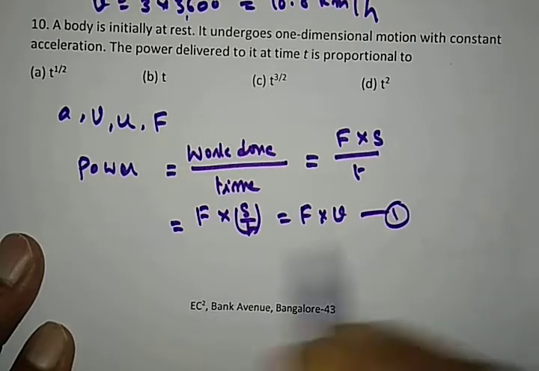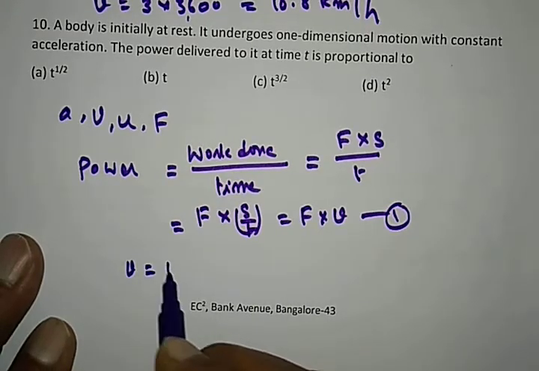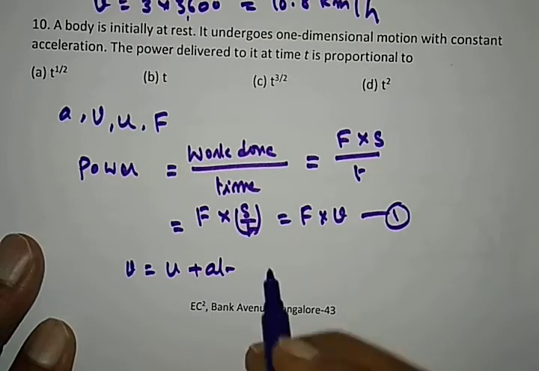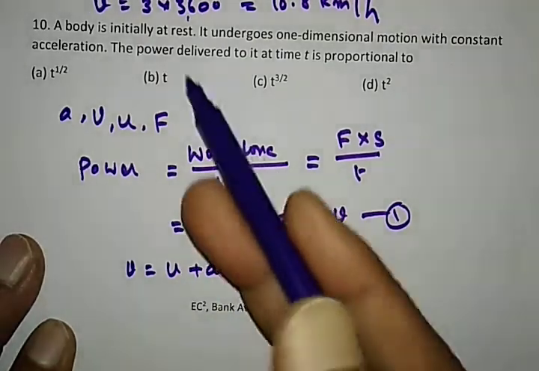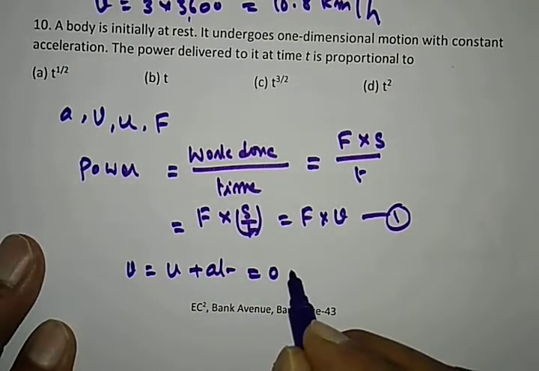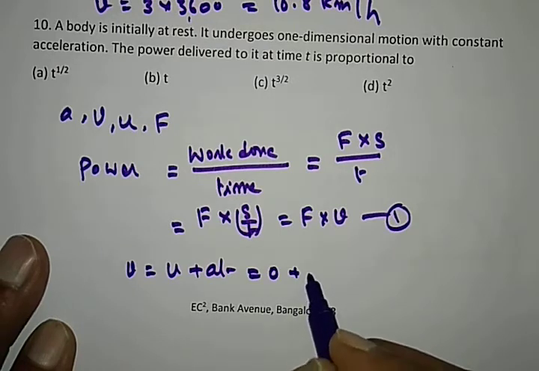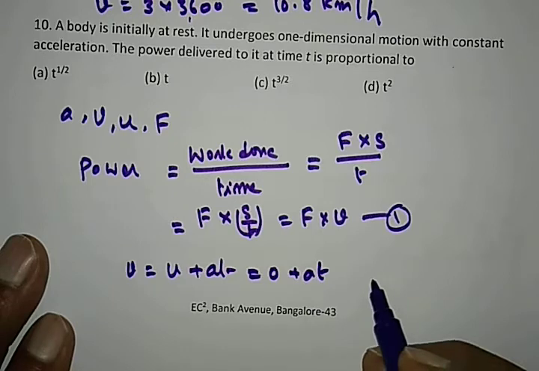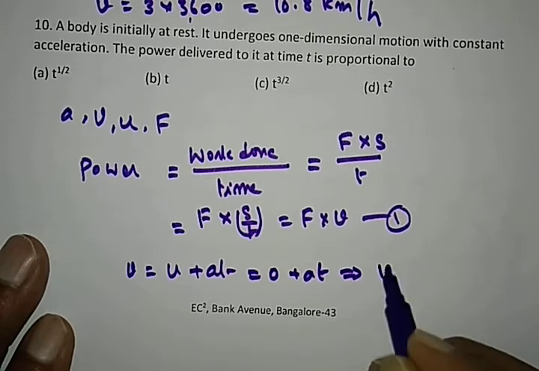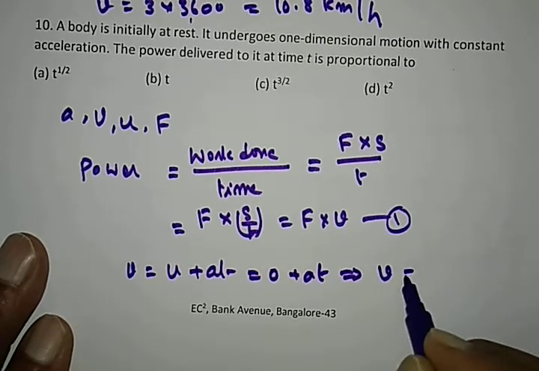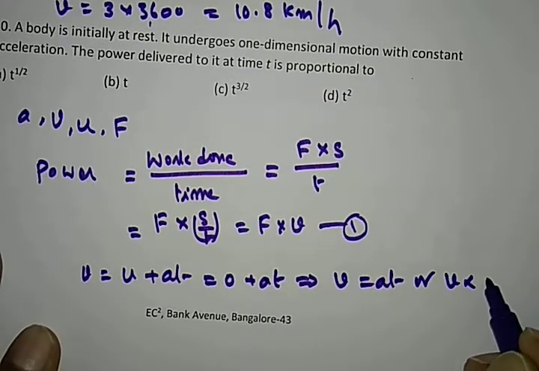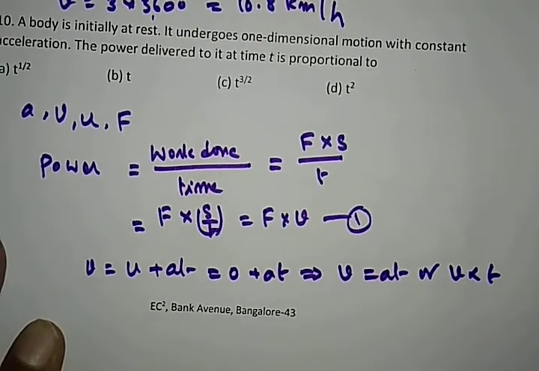This is equation 1. v is equal to u plus at. Okay. So here it started from rest, so u is 0. v is equal to a into t, acceleration into time. So v is equal to at, or v is proportional to t. Correct.